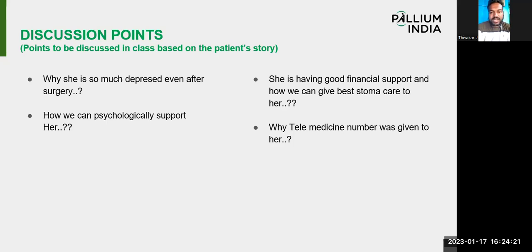So we can tell them to contact her on mobile, and daily we can allow her to speak with her sons for 30 or 40 minutes. We can support her, and we have to explain clearly that this second time she is not diagnosed with cancer. Okay, ma'am. Fourth question: why was the teleconsultation number given to her?